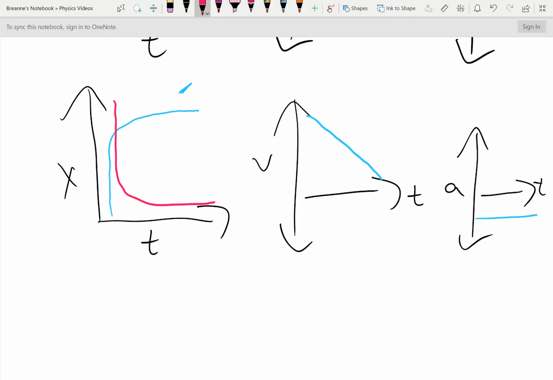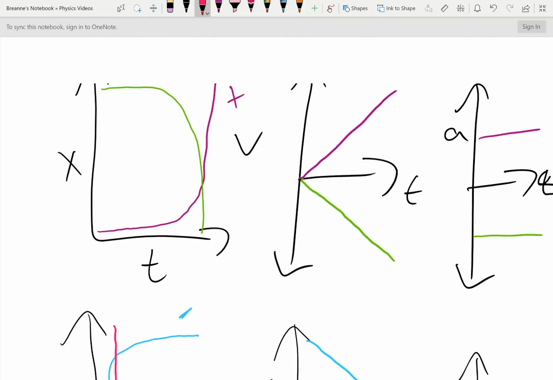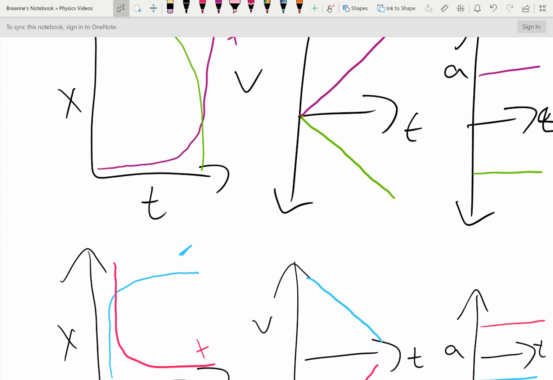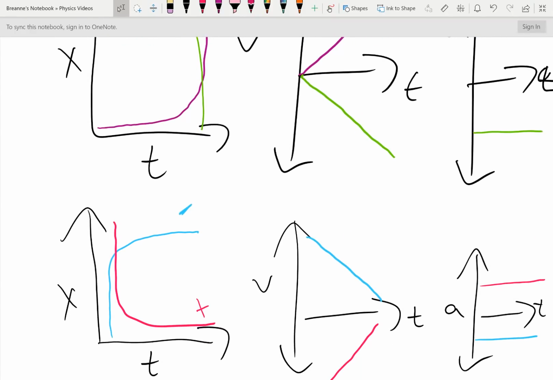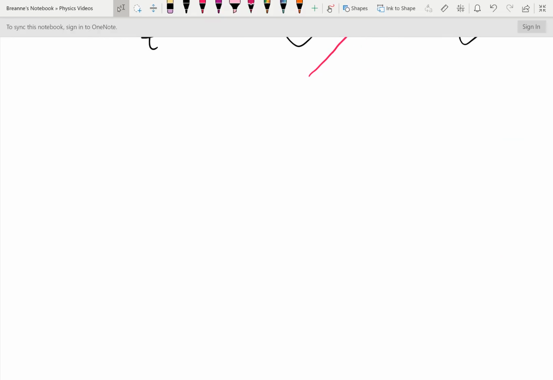Again, you start vertical and slow down. That would cause you're in the negative and you're slowing down. That's a positive acceleration. So your purple and pink are positive accelerations. Your green and blue are negative accelerations.